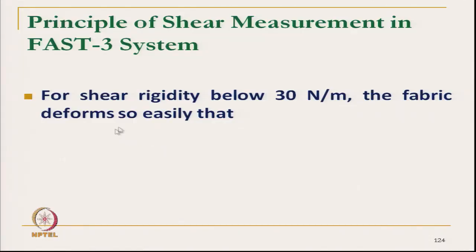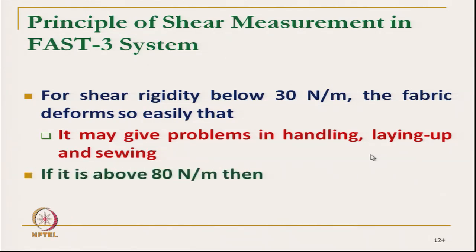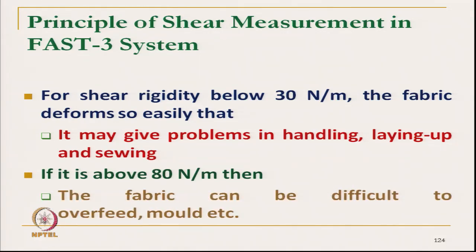Shear rigidity below 30 Newton per meter means the fabric deforms easily, and it gives different types of problems, laying up and sewing problems. If it is above 80 Newton per meter it is very stiff, difficult during the sewing operation, and it will even give an idea about the tactile sensation.